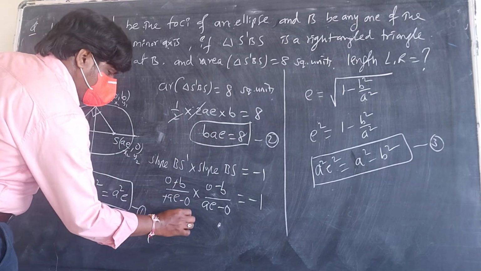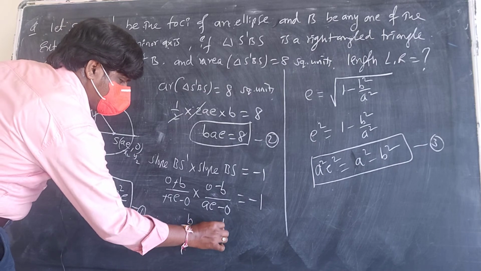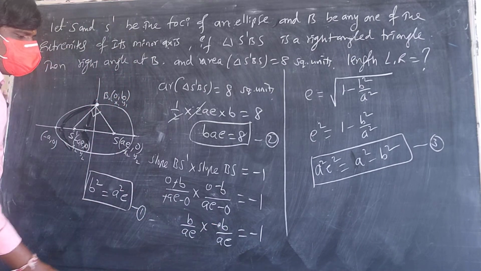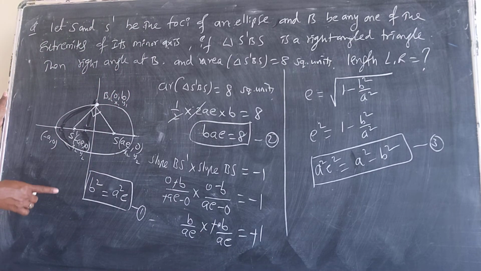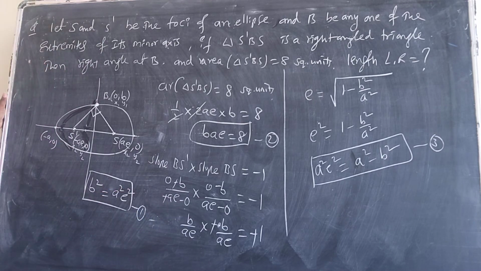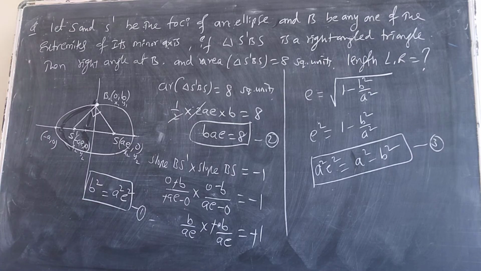So here I am getting b by ae into minus b by ae is equal to minus 1. So this minus cancels. What I am getting is b square is equal to a square e square. So now you can simplify.